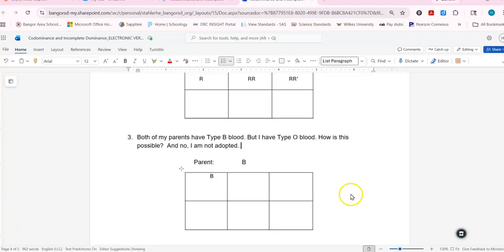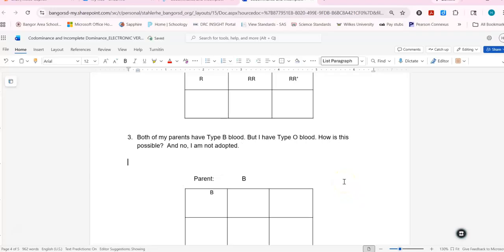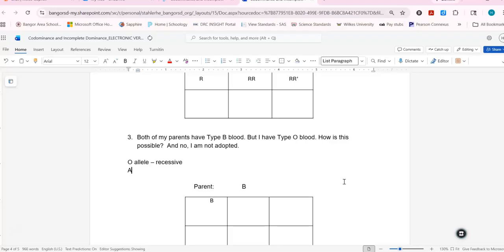So the alleles that you actually have for blood types is you have the O allele, which is recessive. It's going to be hidden if you have any other allele. You have the A allele, which is dominant, but co-dominant with the third allele.